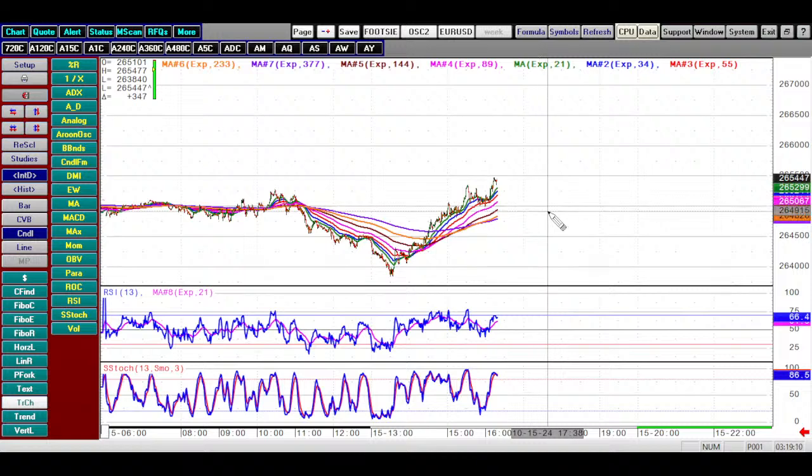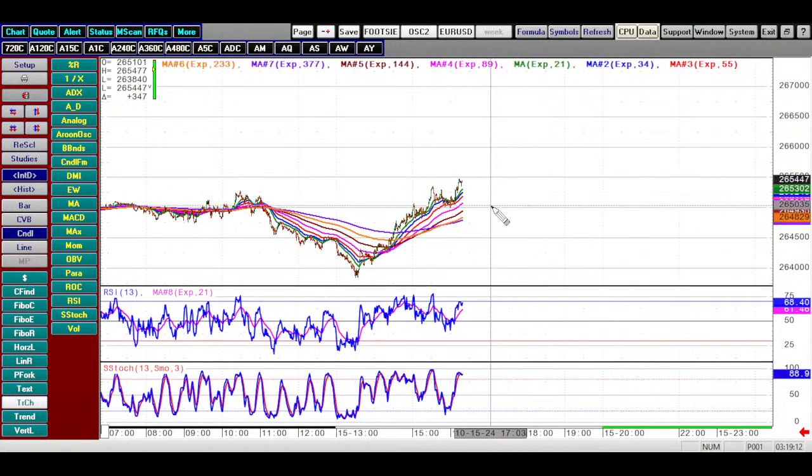The next thing we need to say is, remember our target. We also need to know our target. The current day low is 38.